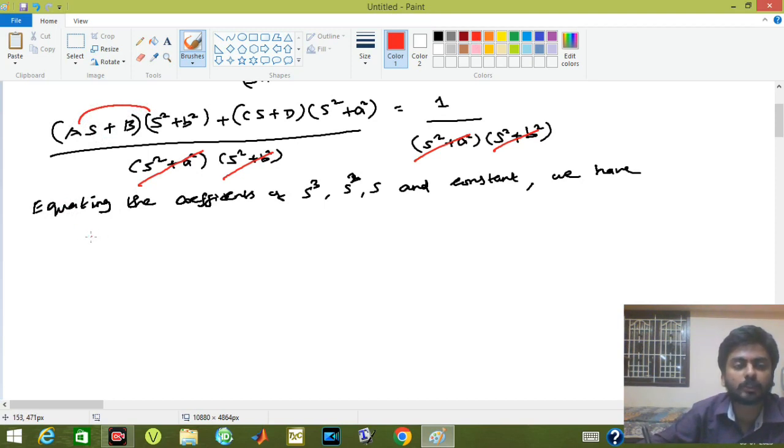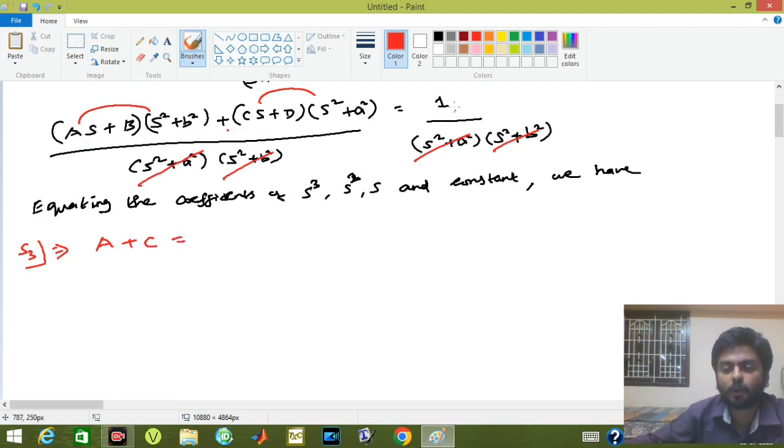So the coefficient of s cube will be a, whereas cs into s square will also give s cube, so the coefficient is c. So it is a plus c. On the right hand side there is no s cube term, so it will be 0.